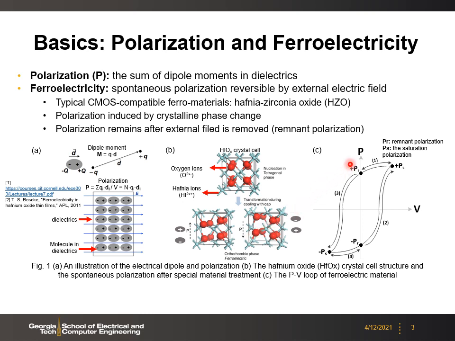The typical hysteresis loop in ferroelectric materials is shown here. We have the polarization versus the voltage. We can polarize up the device by positive voltage and then polarize down the device by negative voltage. So here we have the remnant polarization defined as PR, and this is like a memory window.